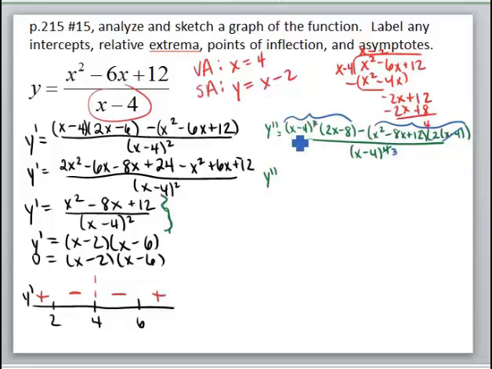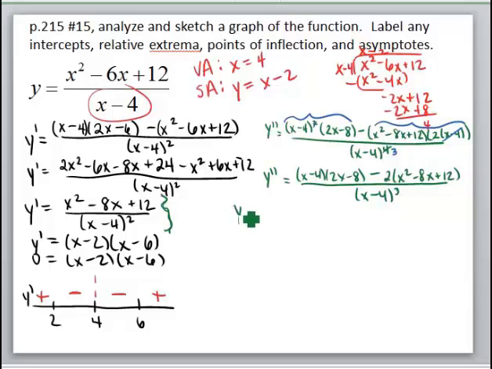I can do that because I have one term here, another term here, and then a term down below, and each of the terms have an x minus 4. So what that leaves me with is an x minus 4 times a 2x minus 8 minus, I have this 2 times this, so I have minus 2x squared minus 8x plus 12 all over x minus 4 to the 3rd power.